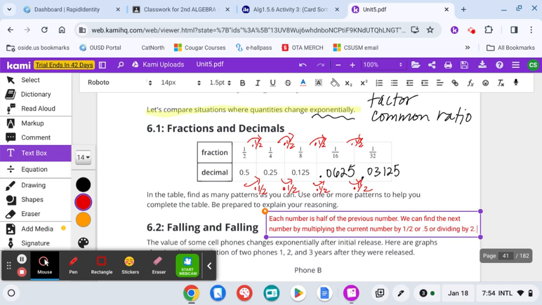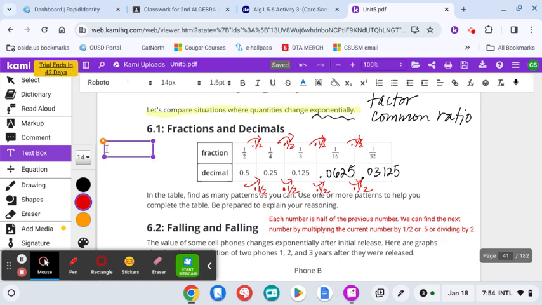What did your group say? Did your group say times 1/2? Did your group say times 0.5? Or did they say divided by 2? All of those are correct. Let's look at something else your group may have been able to say.